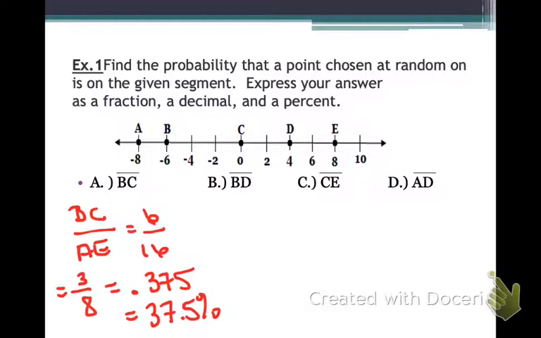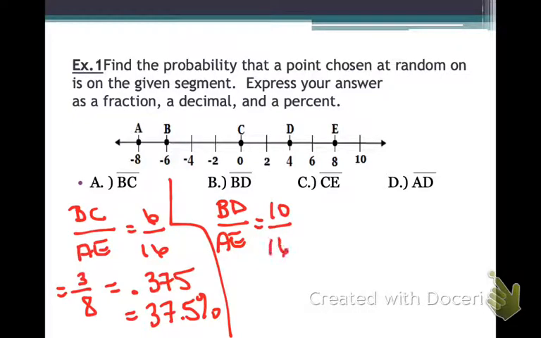All right, part B, I want to be on BD over AE. So BD is 10 units long. We know the whole thing is 16. Simplify your fraction. So 5/8. Decimal, so divide.